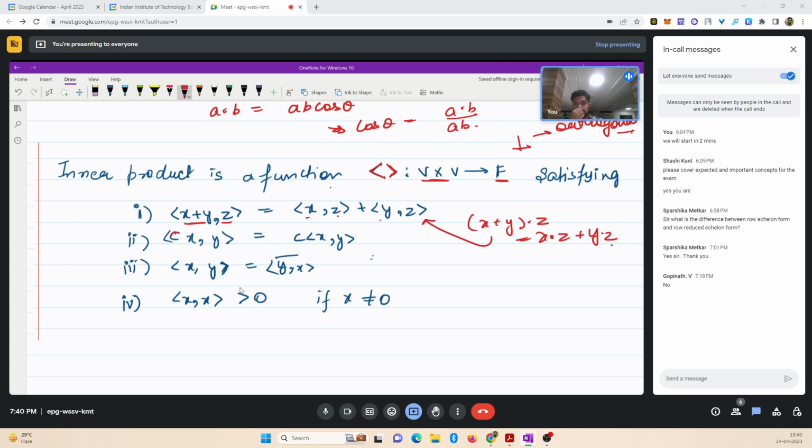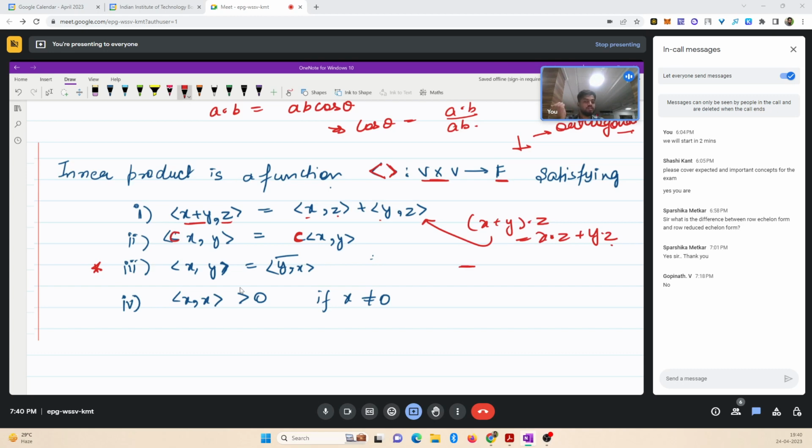Now if you have a scalar c times x and you take its inner product with y, then you take c out of your inner product. Now this property is something that makes it unique. If you have the inner product between x and y and you want to look at the inner product between y and x, then they are just the complex conjugate of each other.